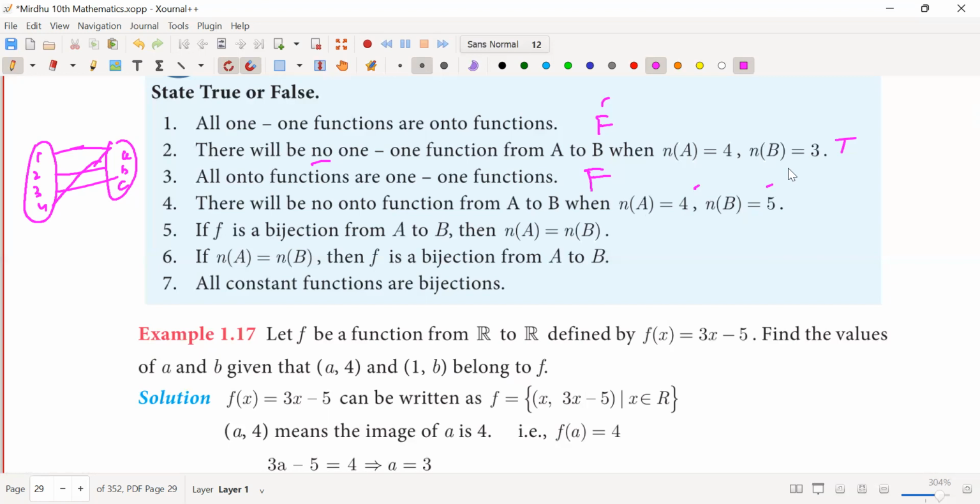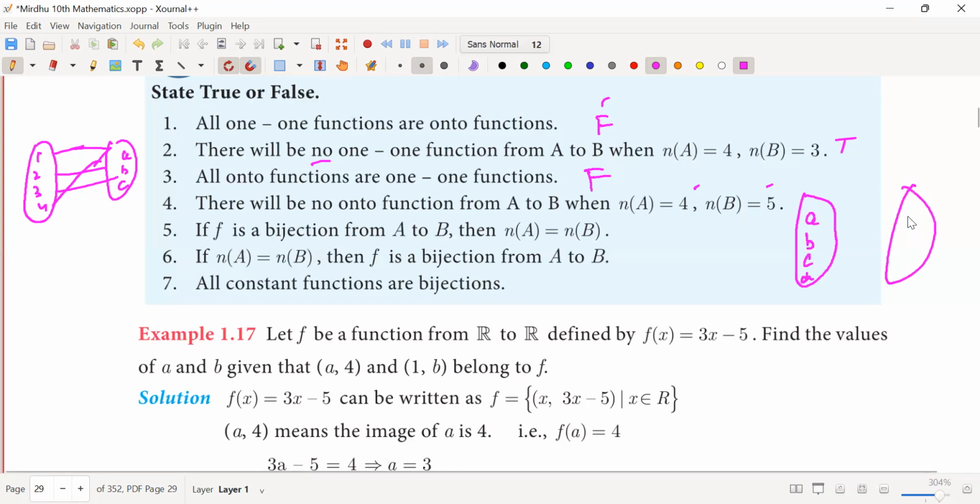That's why you have to imagine properly. A, B, C, D. Here we have 5: 1, 2, 3, 4, 5. Example only. Even if it's 1 to 1, we'll be having one element free. There will be no onto function from A to B.